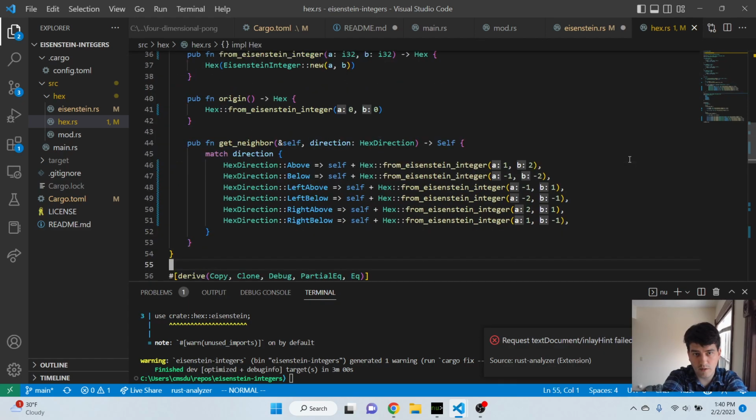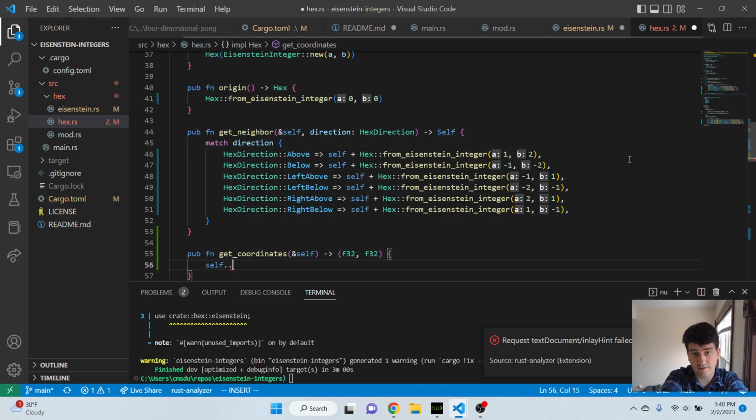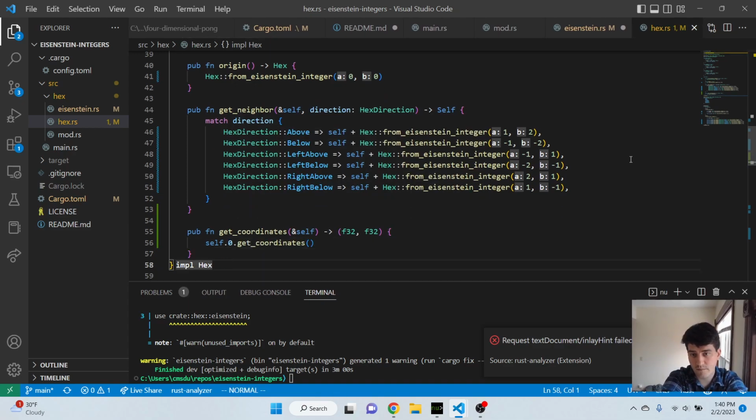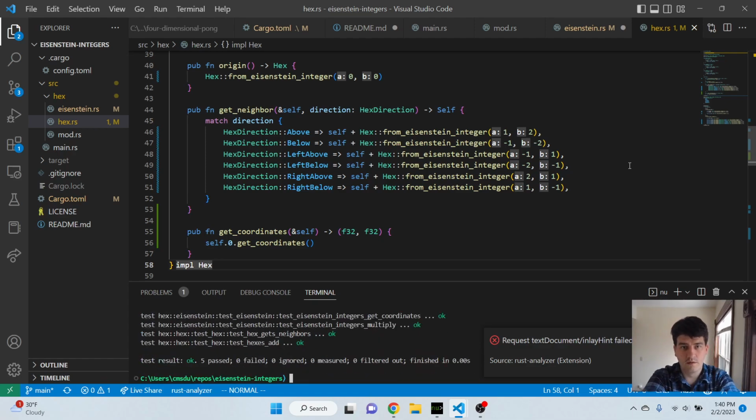Get neighbor, pub function, get coordinates, self, f32, and it's just self dot 0 dot get coordinates. Okay. Test. Good stuff.